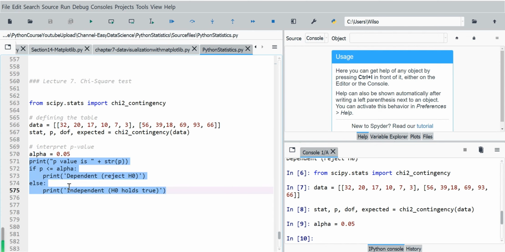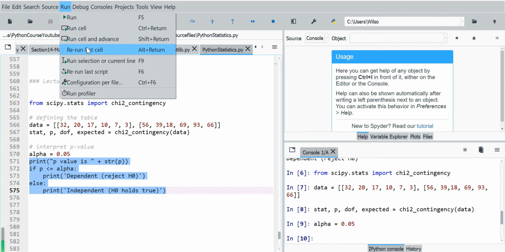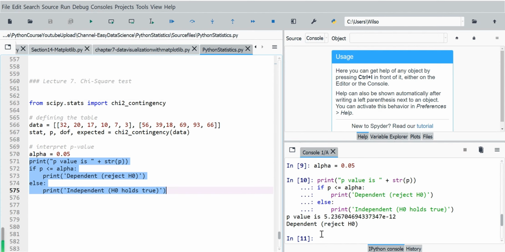If p is less than alpha, the result is dependent, and the null hypothesis will be rejected. And if p is not less than alpha, the variables are independent and H0 holds true. You can see in this example, the p-value is much less than 0.05, about 10 to the power of minus 12.